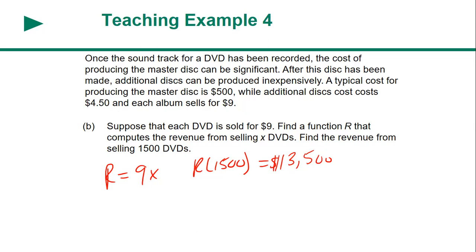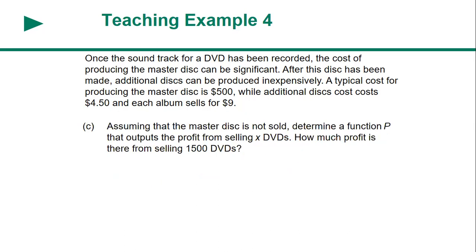Okay, your profit is your revenue minus your cost. Does that make sense? If I want to know how much I profited, my profit equals my revenue minus my cost, my R minus my C. This is why it becomes a combined function, because I'm combining my two functions to figure out what's happening.